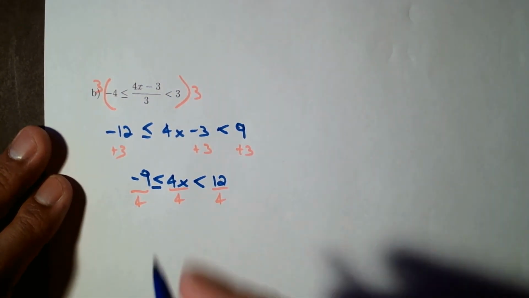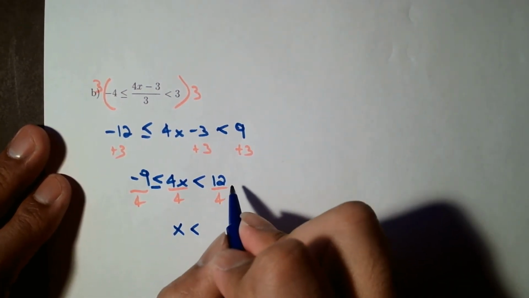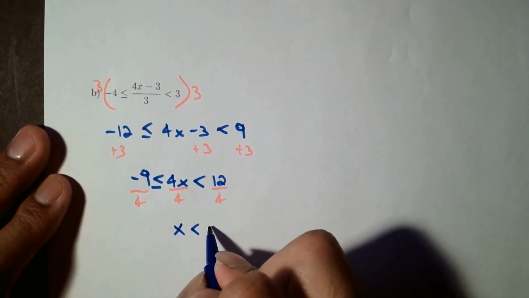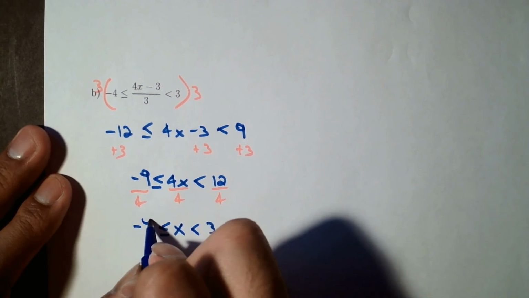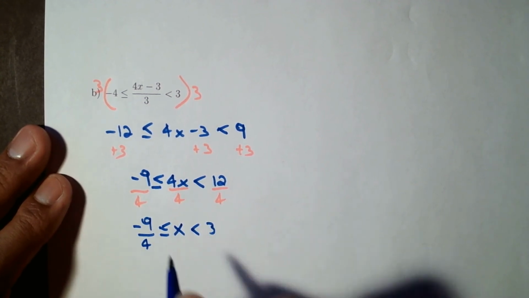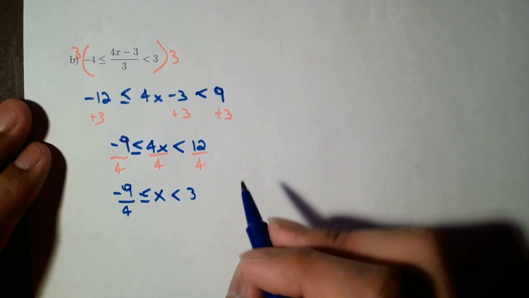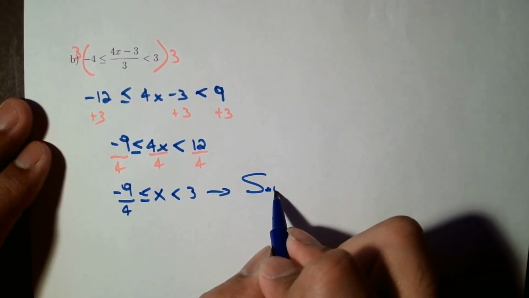That's going to give us x in the very middle, less than 3 and greater than or equal to -9/4. You might want to leave it as -9/4. That's fine. So in this case, the solution set.